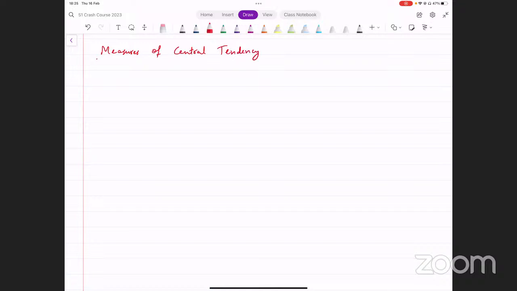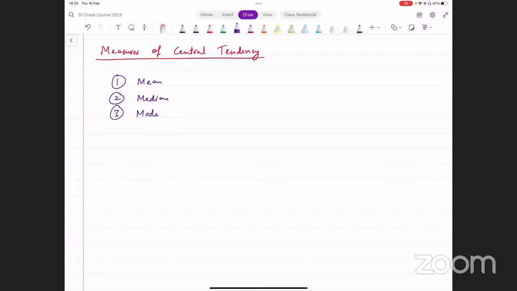So remember these quantities: mean, median, and mode. These three things together, they are known as measures of central tendency. All right. In fact, these are three specific measures that we have for central tendency. There are others as well, but these are the three that we have in our syllabus.